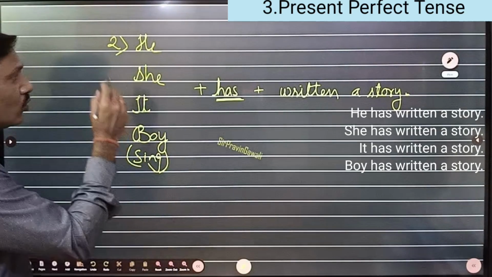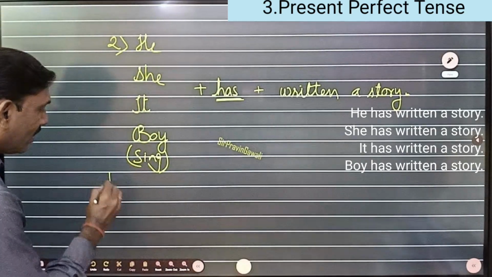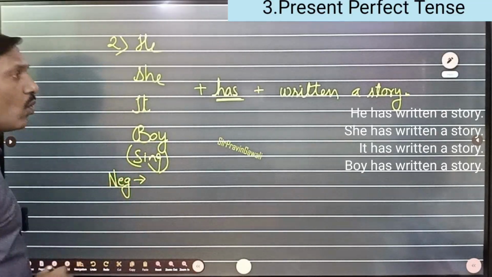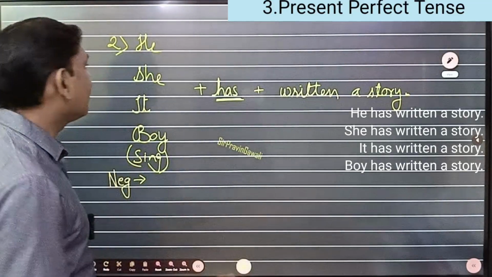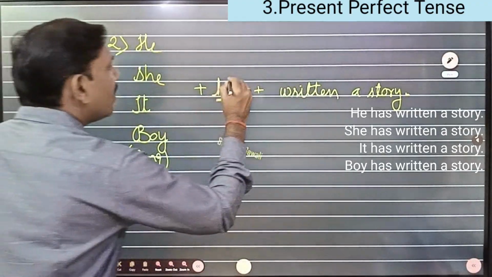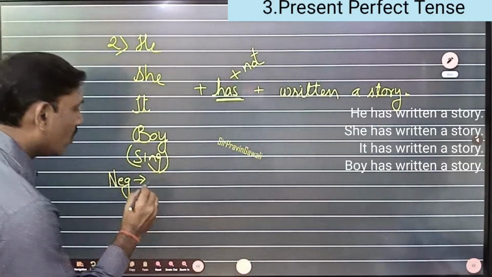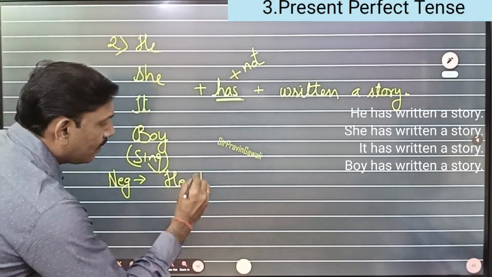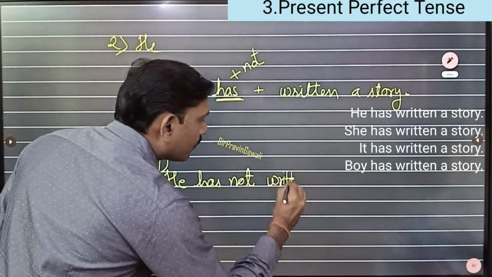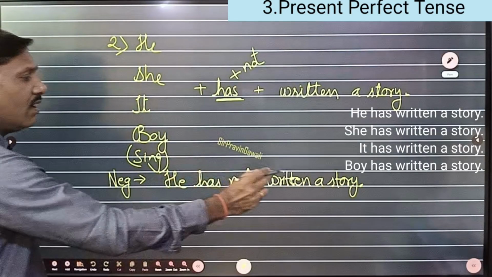Very good. Now, how to make it negative and interrogative? Okay, one example I will show you. Others you can do at your own and type your answer in the comment section. He has written a story. What will be the negative? Just we have to add not to it. So it will become the negative. For example, he has not written a story.